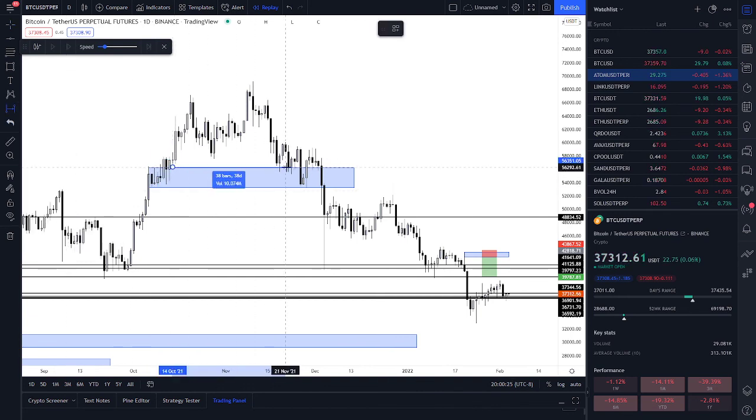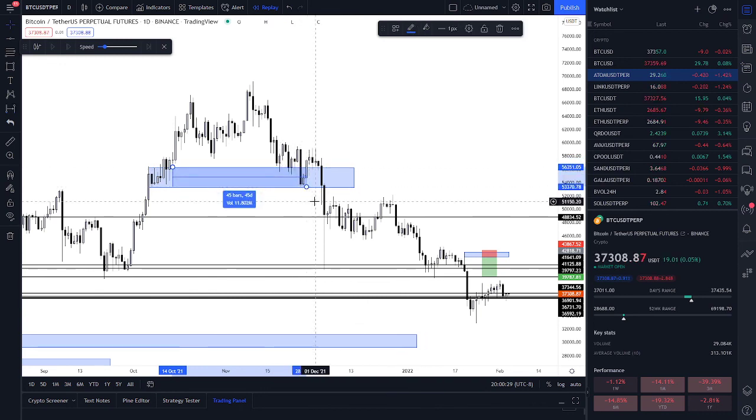Break up. 38 days. 45 for the whole entire setup. So you can look back at owner's chat. I called this play and I waited patiently for 45 days for it to fill. That's just my method. I'm a patient trader.